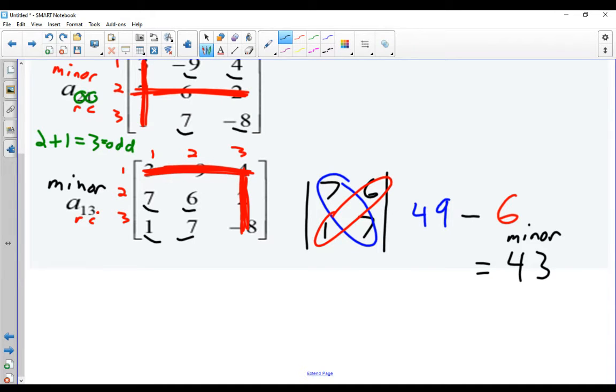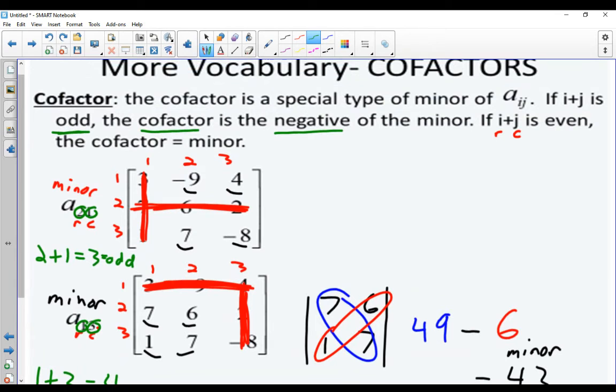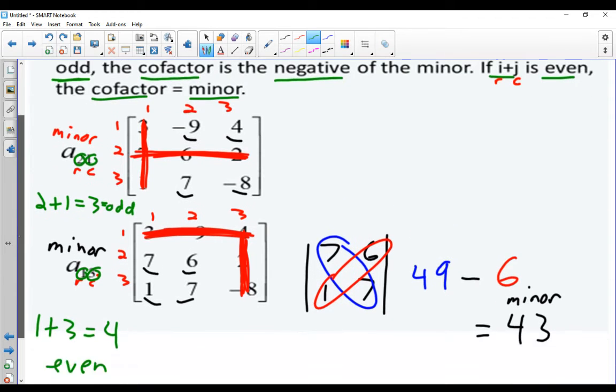Now that's your minor. Now step 2. Take these two numbers, add them together. 1 plus 3, which is 4. This is even. And if you read the instructions, if the addition of those is even, then the cofactor is the minor.